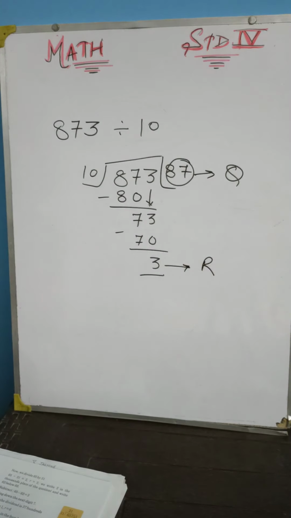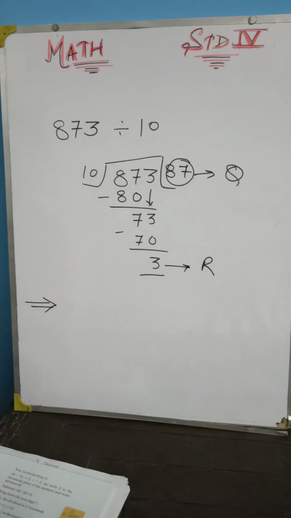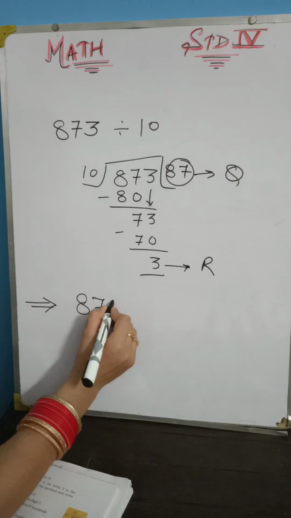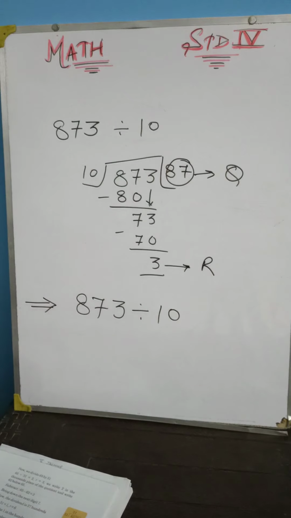But the question is, without actually dividing this division, write quotient and remainder. So how will we do? So the shortcut way is count the number of zeros in this 10. Let me write it again. 873 divided by 10.